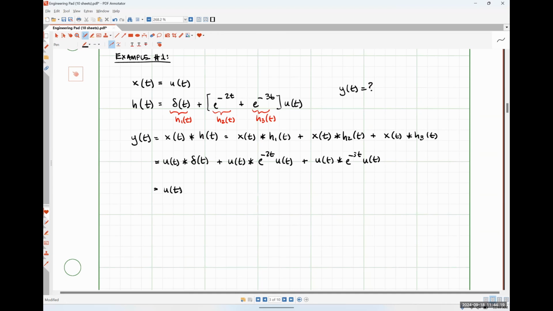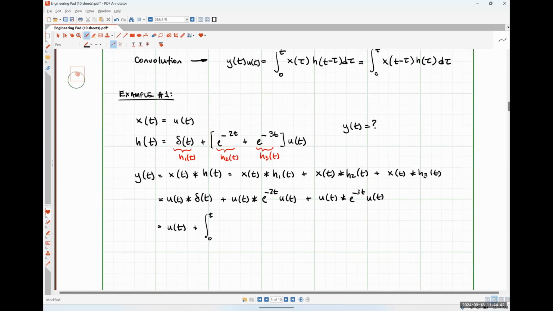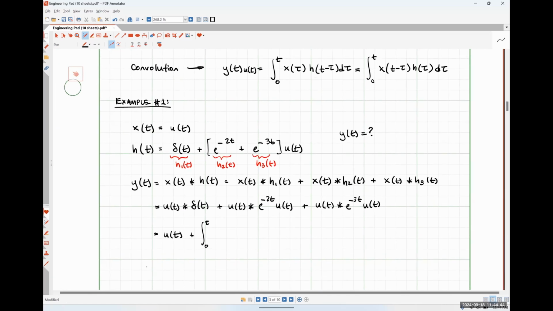So I'm going to add an integral from 0 to t, because my signal is causal and my impulse response is causal, so the limits of integration only need to go from 0 to t. Now I'm going to use my definition of the convolution integral. So x of t becomes u of tau.